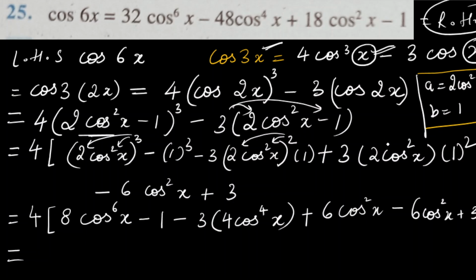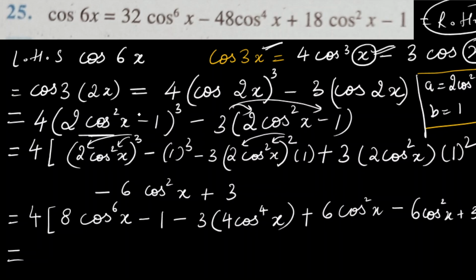Let me check this thing. So here I didn't multiply. Okay, so 3 into 2 is 6. Okay, so this is going to get cancelled. See, here it's not getting cancelled. I have just checked.